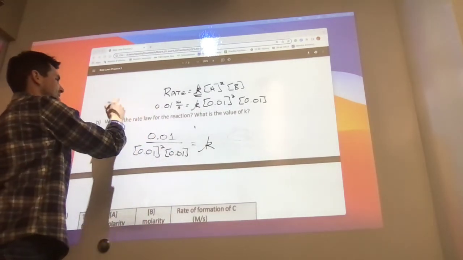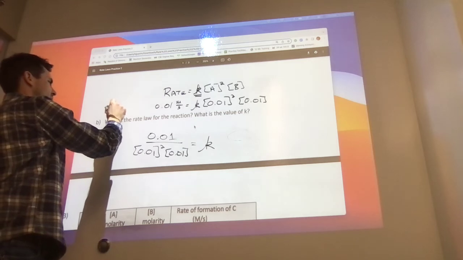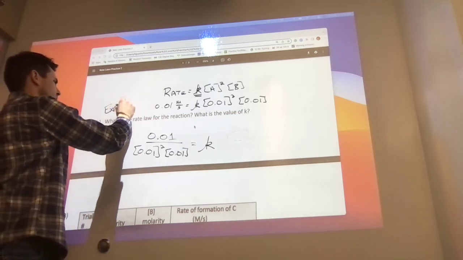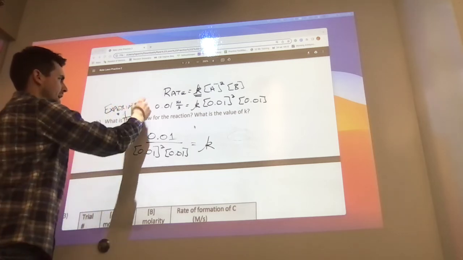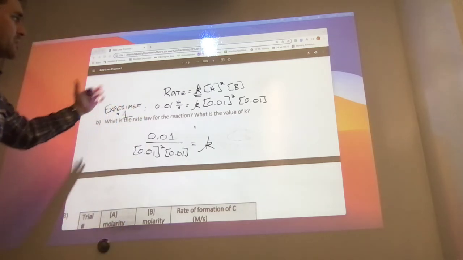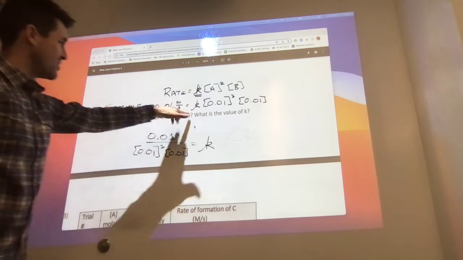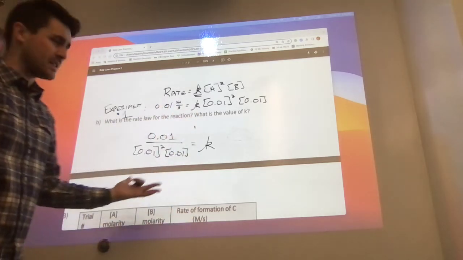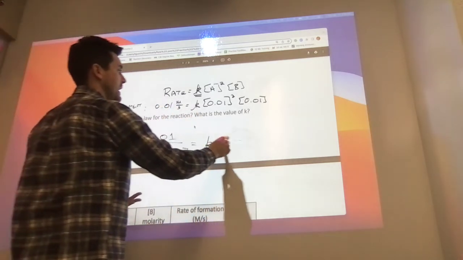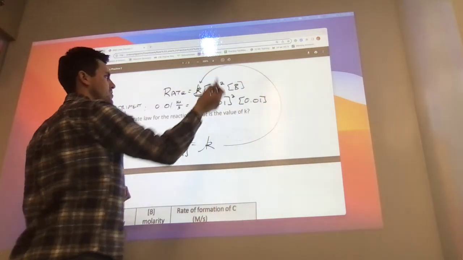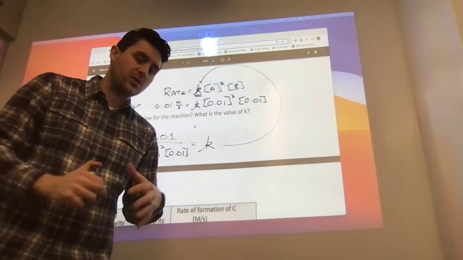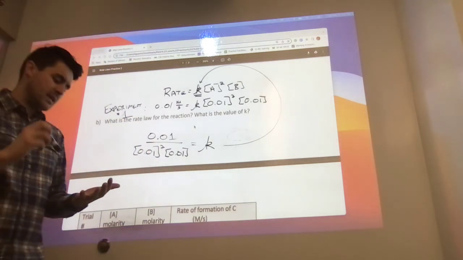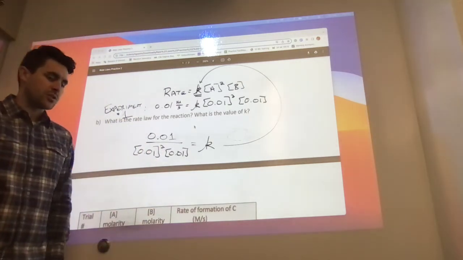I've plugged in rate data from experiment 1, and you can use any experiment you want. Really, any experiment you want, but I chose experiment 1. So I plug in data for experiment 1, and then I do my algebra and I find K. Once I find K, I can plug K back into my rate law and use that for any situation in which that reaction takes place at the same temperature and pressure.